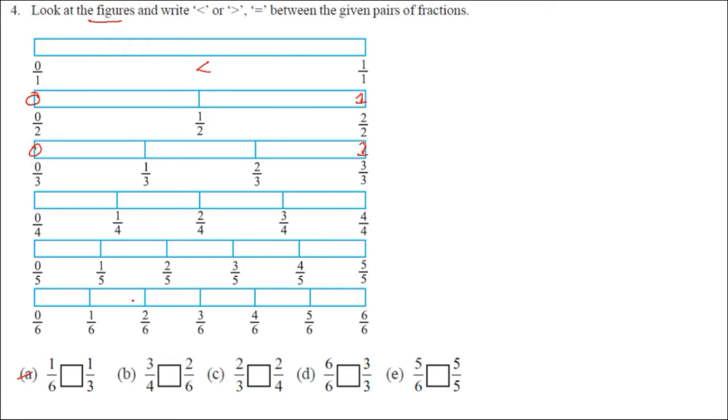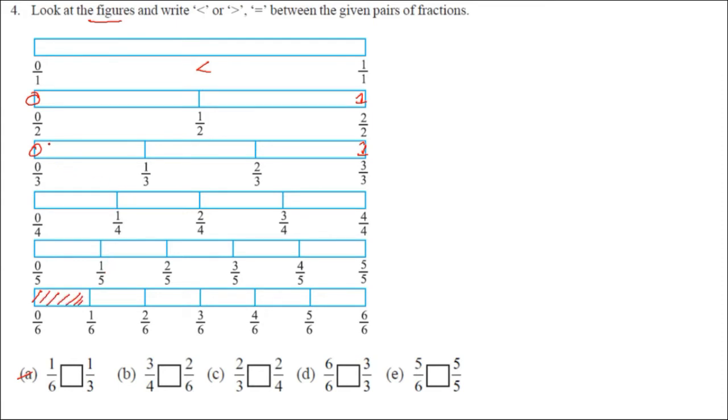When the given numbers are 1 by 6 and 1 by 3, 1 by 6 means one complete thing is divided into 6 equal parts. So 1 by 6 is very small. From here to here will be the length of 1 by 6.